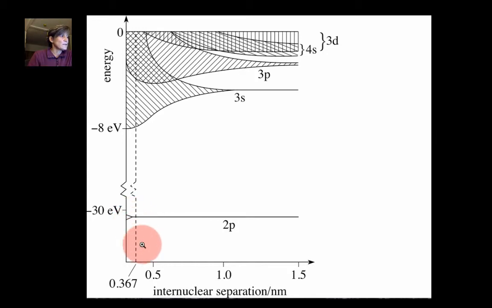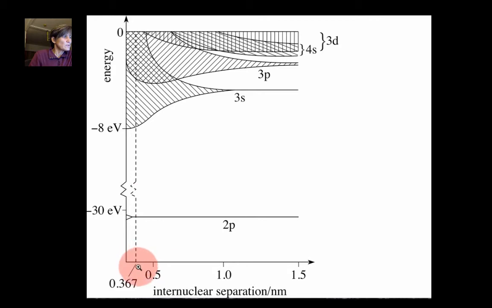So at the natural separation between the atoms, in this case an internuclear separation of like 0.4 nanometers, the 2p level is still a discrete energy level, whereas the 3s, the 3p, and so on begin to overlap.